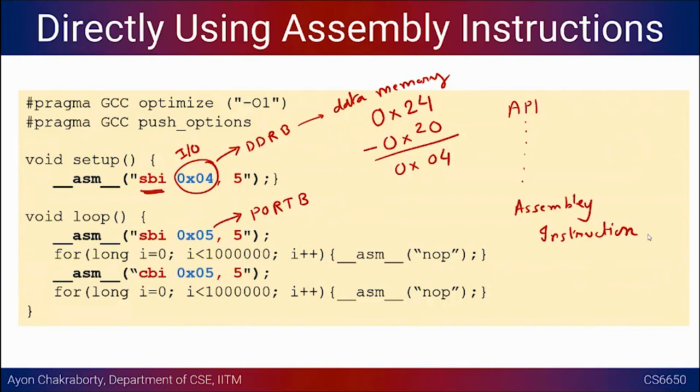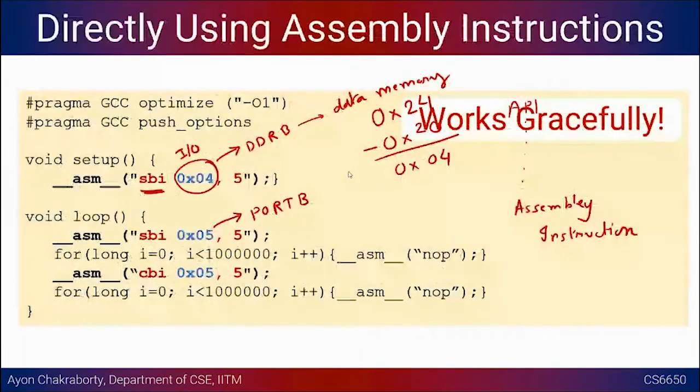So here we try to understand how the control is flowing, right? We started with digital write, right? So this was the API, and we saw what exactly goes underneath in getting this digital write to work, right?